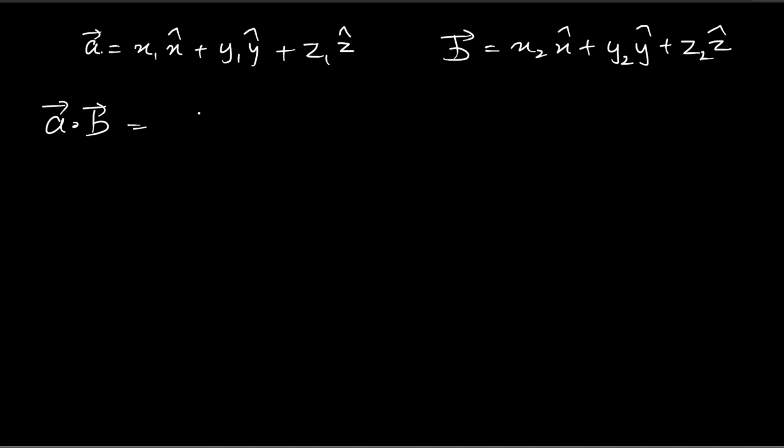I have already illustrated this previously when finding out the magnitude, and this is nothing but the dot product with the corresponding elements. Just remember it: x1 into x2 plus y1 into y2, simply corresponding elements, and z1 z2.